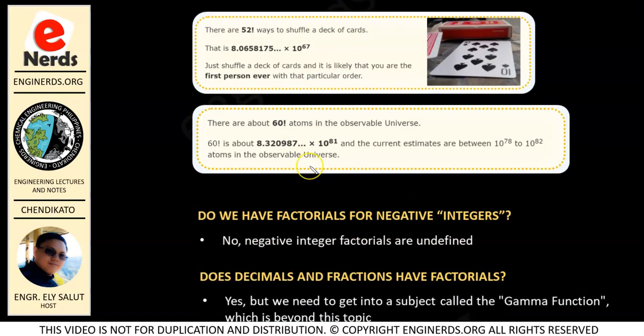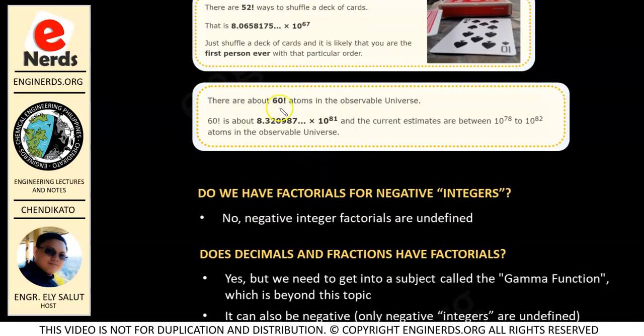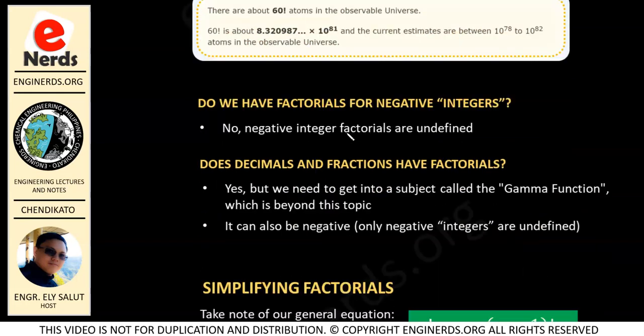And also, there are about 60 factorial atoms in the observable universe. This is about 8.32 times 10 to the 81. And the current estimates are between 10 to the 78 to 10 to the 82 atoms in the observable universe. And of course, marami pa tayong pwedeng paggamitan ng factorials.